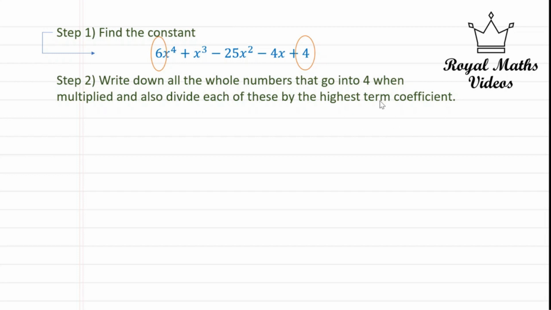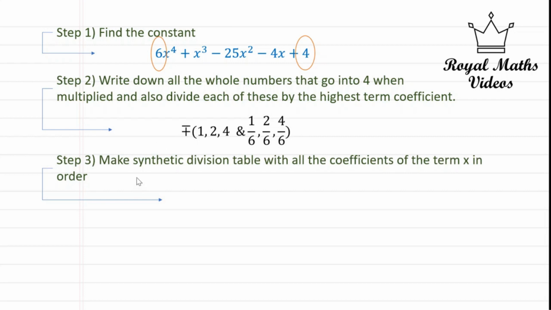The highest term coefficient in this case will be 6 because it's x to the power of 4, where all of these x to the powers are obviously smaller, so we'll pick this one. So the whole numbers that go into 4 are 1, 2 and 4. Remember, it's plus or minus, and it also says divide each of these by the highest term coefficient, which is 6. So it will be 1 over 6, 2 over 6 and 4 over 6.